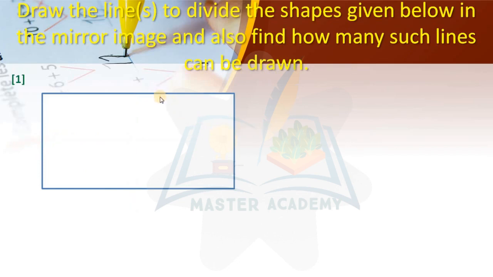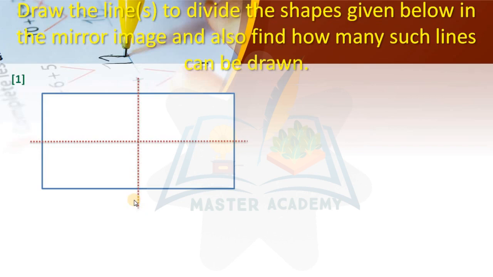Understood? Look at this. The first line which I have drawn here, clear, and the second line, this is your second line which you have observed here, right? तो कितनी लाइन हम ड्रॉ कर सकते हैं in the rectangle? How many lines of symmetry are there in the rectangle?